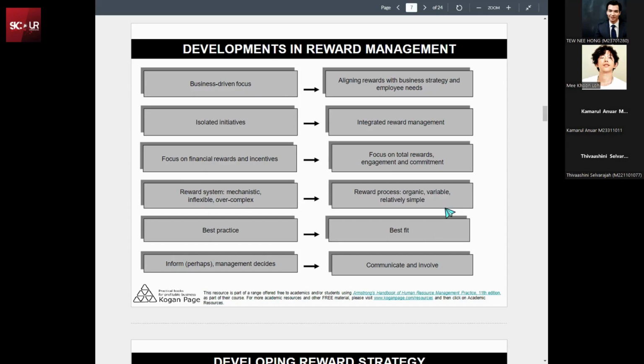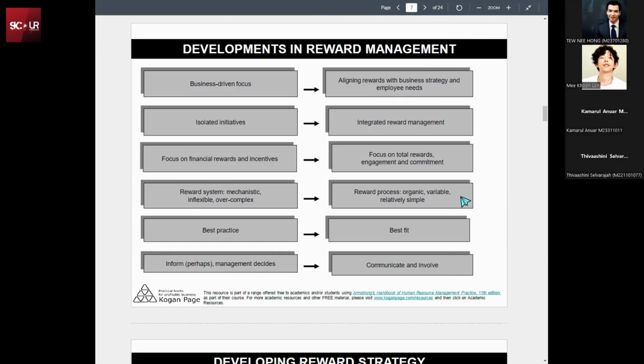Then what is the best fit for the job, best fit for the employee, best fit for the nature of the business of the company, and best fit overall in the first place. Then communicate, involve and get participation from all levels of the organization. This is the way that we need to do now.